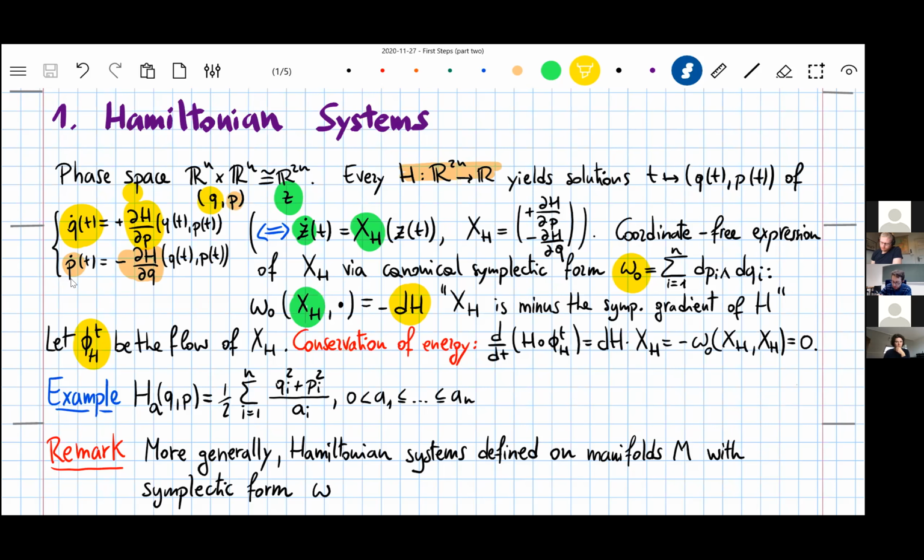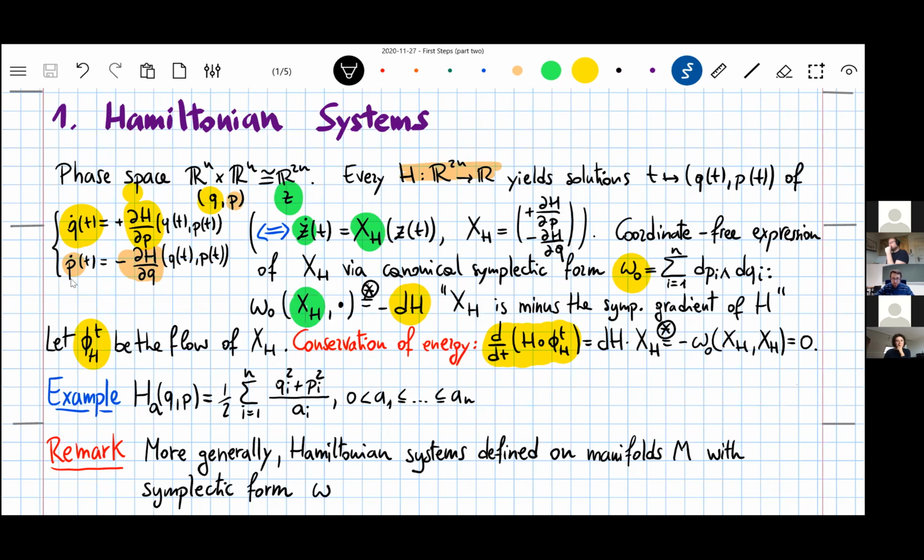So you see here, if I now take the differential of h along the flow, then by chain rule, this is dh times X_h, because the flow has tangent in the direction of X_h. And now by using this relationship, you get omega 0 of X_h with X_h, and since omega 0 is antisymmetric, we get 0. So this tells you exactly that the energy is conserved.